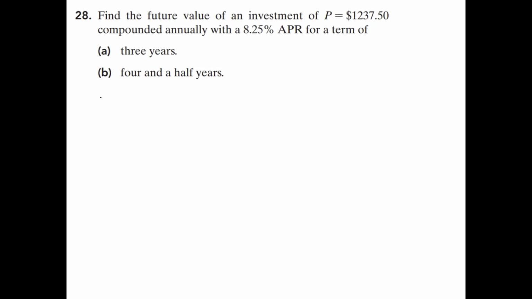Okay, so again, you should know which formula you're using. Find the future value of an investment of $1,237.50 compounded annually. It does not say simple interest, it says compounded annually. So you should know that you're using the formula. Your future value will be your principal value times 1 plus your rate, raised to the t.